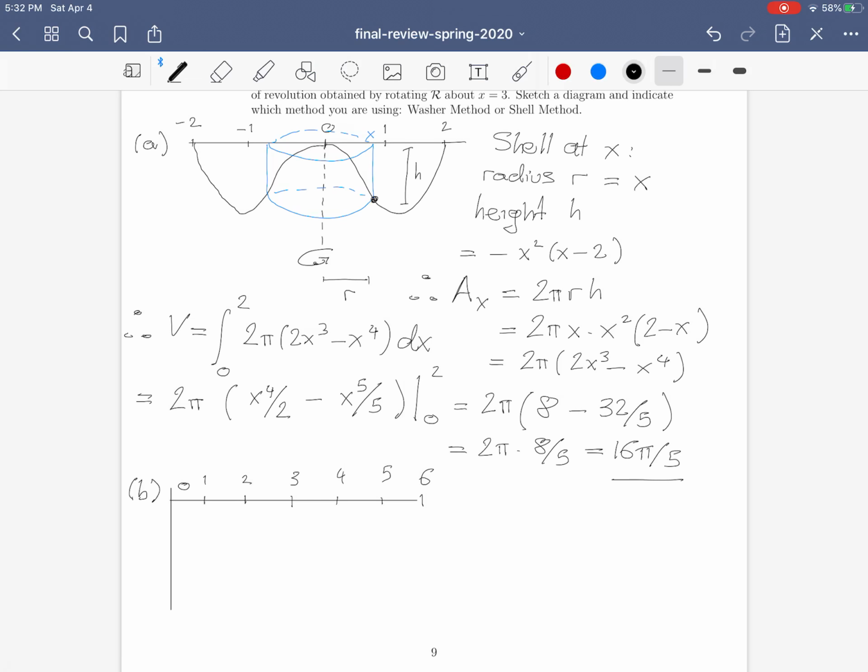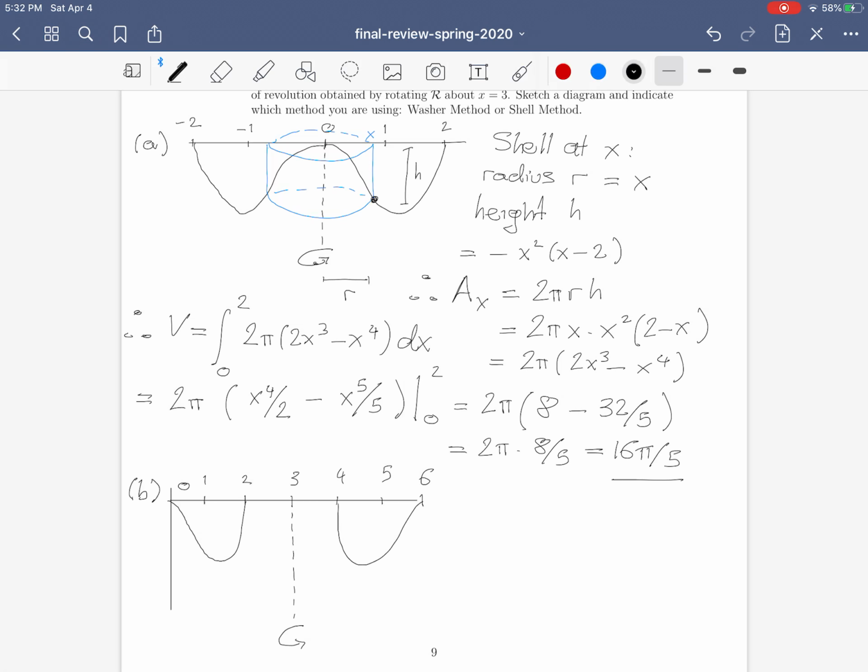Let me draw in our original curve. So that's our curve, and this is our axis of rotation. So we're rotating around the axis x equals 3. So let me draw the mirror image of this curve. So we get something like that.